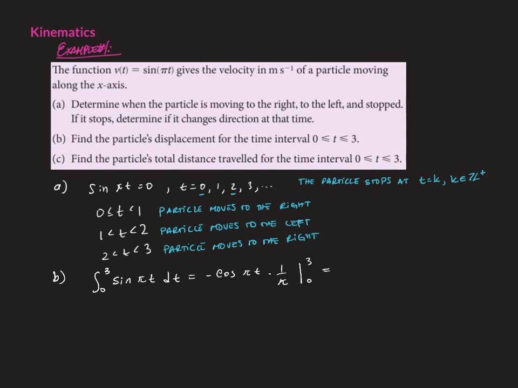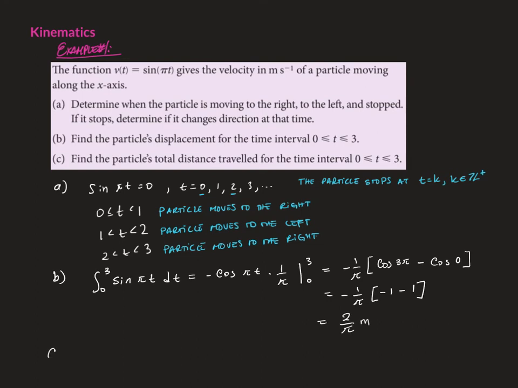This is equal to minus 1 over pi times cosine of 3 pi minus cosine of 0. Cosine of 3 pi is equal to minus 1, and minus cosine of 0 is 1. So the final answer is 2 over pi.